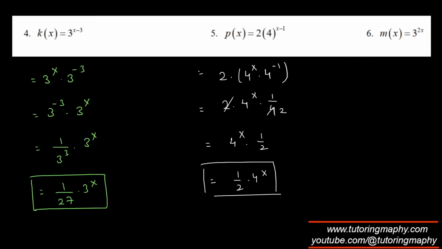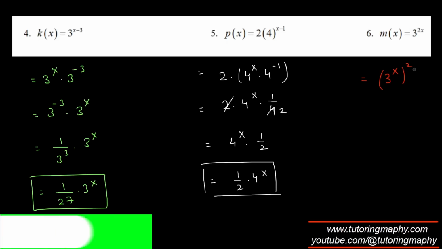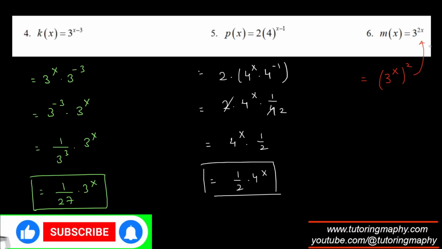All right, and finally, this one is a little different because this one says that it is 3 raised to 2x. So 3 raised to 2x is like, because there's a property that if the exponent has two things multiplied, then it can actually be written as power of an exponent, right? This and this means the same thing as per the properties of exponents. So 3 raised to x whole square, and actually, you know what?